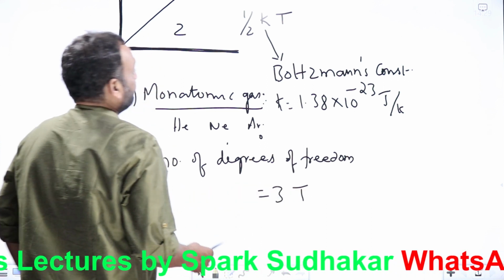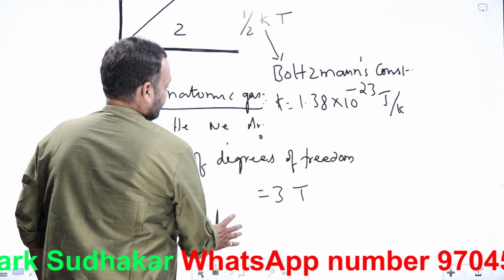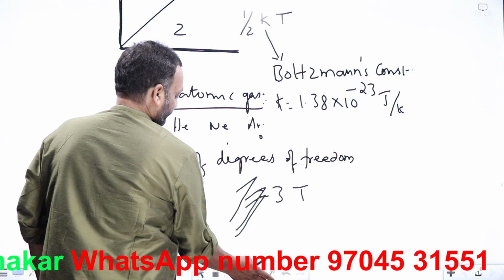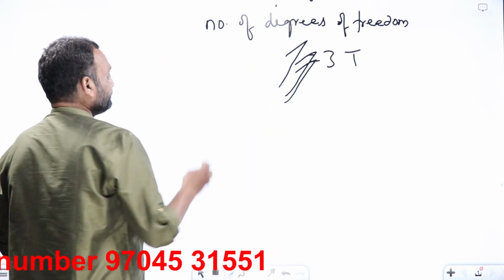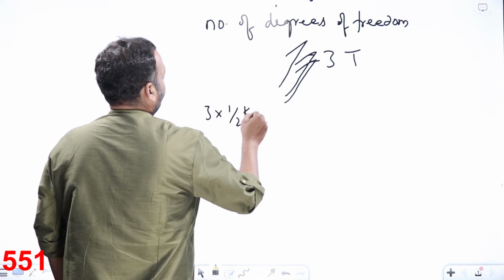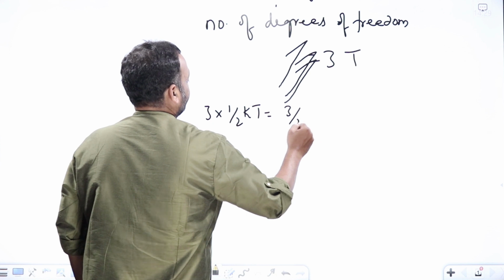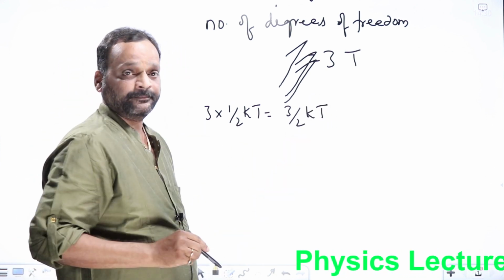Therefore, what is the average energy per atom? Average energy per atom is equal to 3 into half kT, that is equal to 3 by 2 kT. This is for 1 atom.